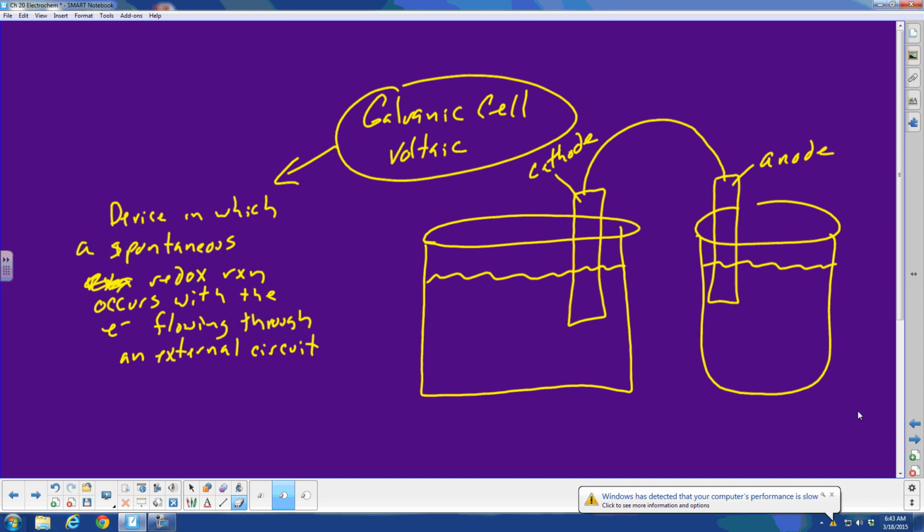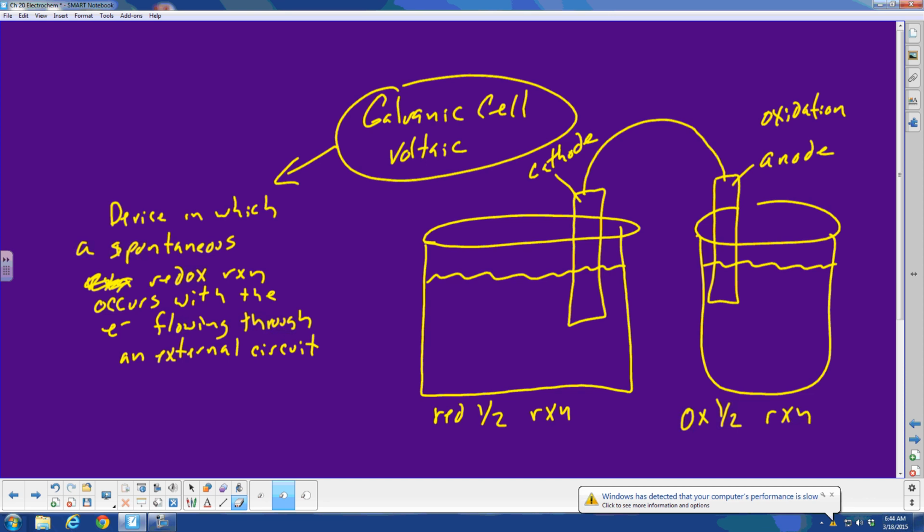And what's going to happen at the anode? At the anode, oxidation occurs, meaning our oxidation half reaction occurs in the beaker with the anode. So what's going to happen in my cathode? Well, the reduction half reaction is going to occur in the beaker with the cathode.